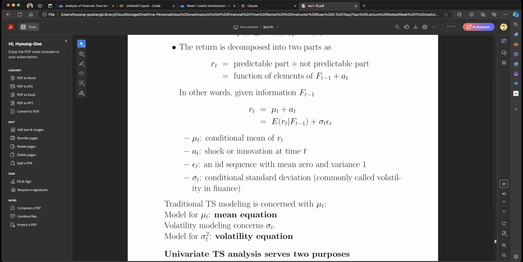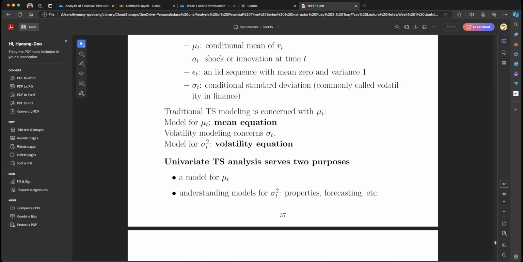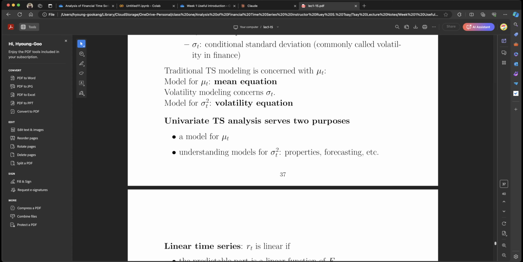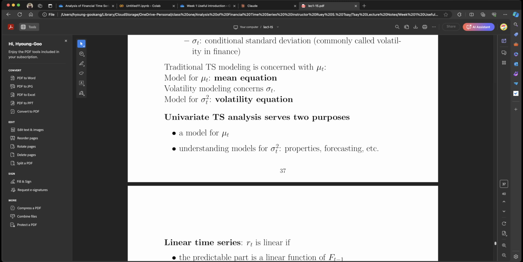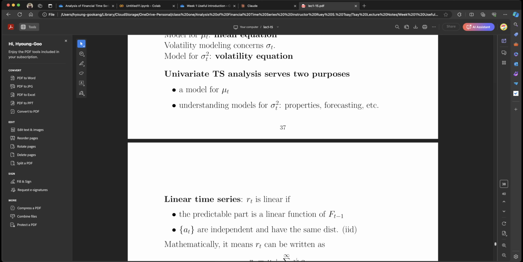Epsilon_t is from a standard normal distribution. Traditional time series modeling is concerned with mu_t. Modeling for mu_t is the mean equation. Now for volatility, we can also do volatility modeling for sigma_t. The model for sigma_t is the volatility equation. So univariate time series analysis serves two purposes: a model for mu_t, and a model for the volatility sigma_t, understanding its properties, forecasting, etc.